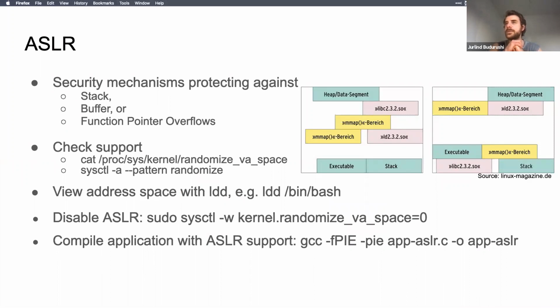What else? So the next one is ASLR, which is address space layout randomization. And again, it goes in the same direction as the non-executable, but from a different perspective. You need to think of these mechanisms as complementary. They make the system stronger in itself.